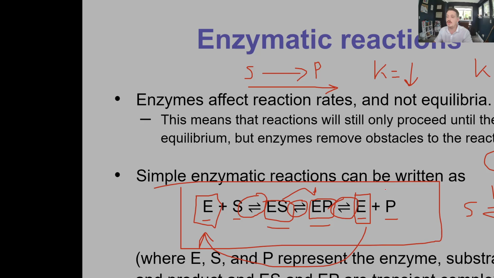If K is low, such as in the uncatalyzed reaction, then, where's my pointer? There it is. If we're saying that K is low, then what you're saying is that substrate is, this number is high and this number is low. So you have lots of substrate, not much product. Well, that means that the reaction is in this direction, and it's not really proceeding forwards at all. So enzymes increase K to push the reaction forwards.